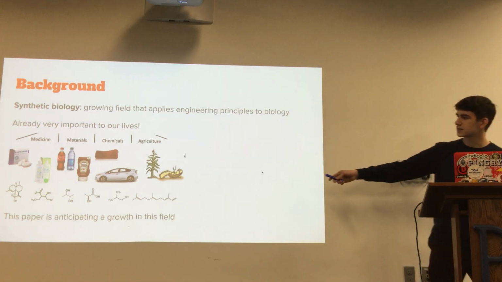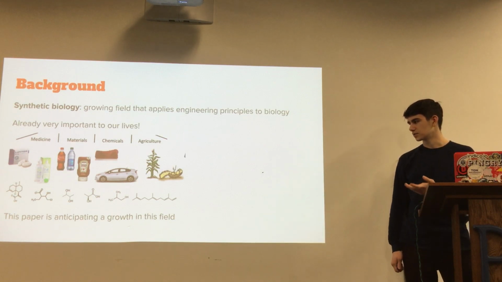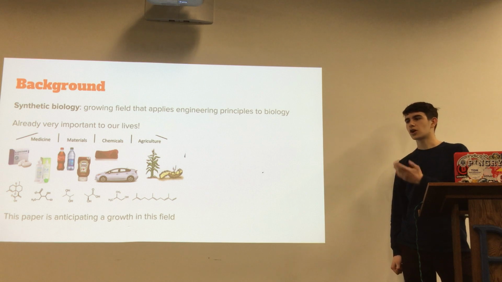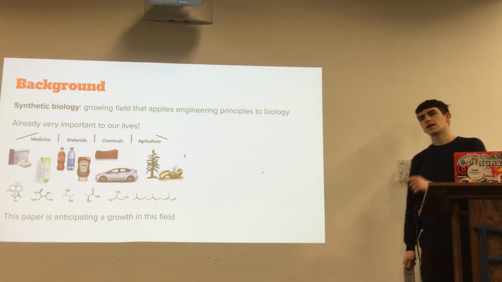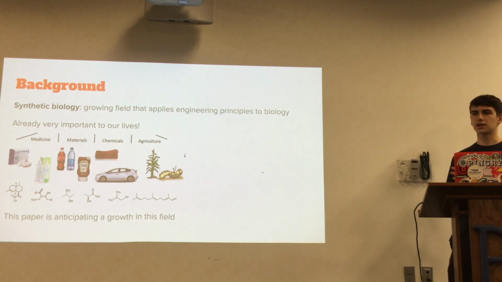And you can see that a lot of these molecules on the bottom are rather simple molecules that consist of some carbons, hydrogens, oxygens. And what this paper is anticipating is a growth in this field, where we're going to make more complex molecules from more organisms, and we're going to take more advantage of this idea of synthetic biology.